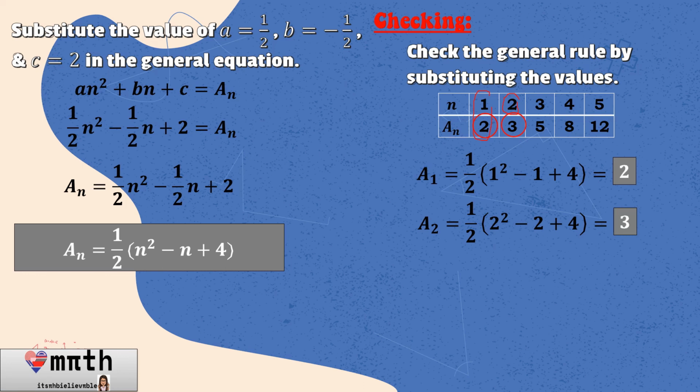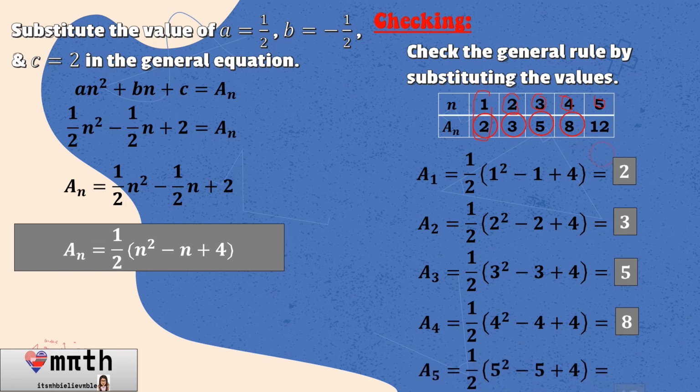And that is our second term. If we substitute the values of n, 3, 4, 5, we're going to get the values of 5, 8, and 12. So, therefore, this general rule, A sub n is equal to 1/2 times n raised to 2 minus n plus 4 is correct.